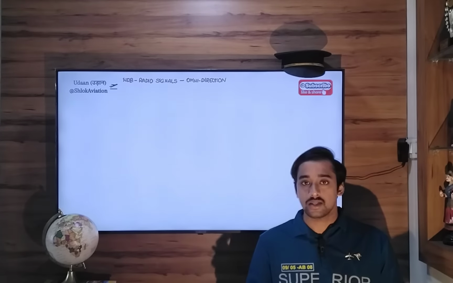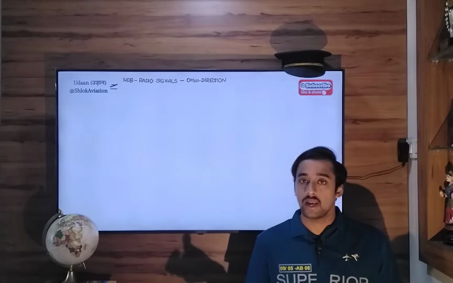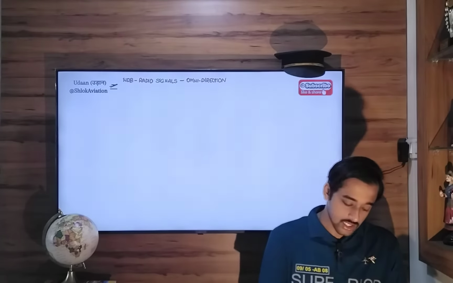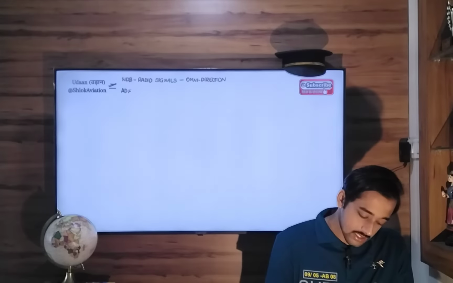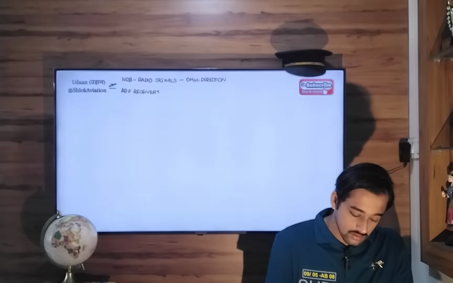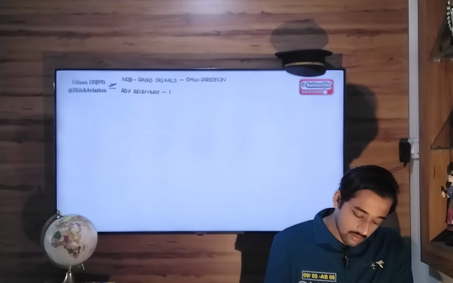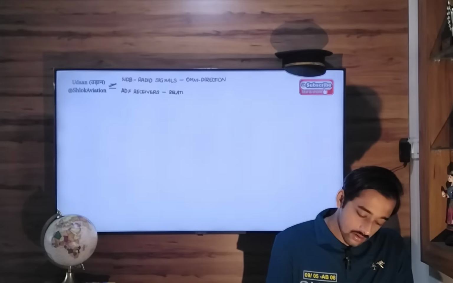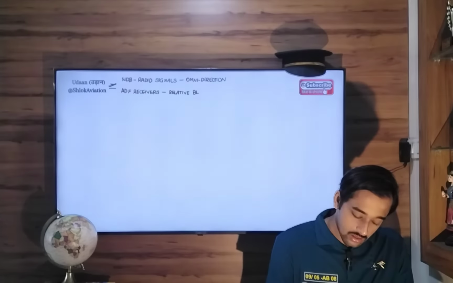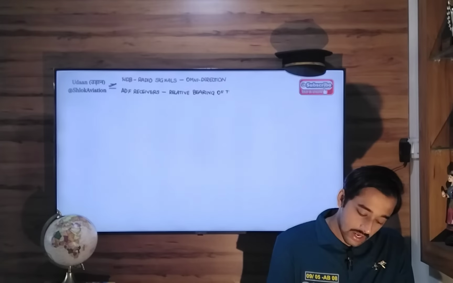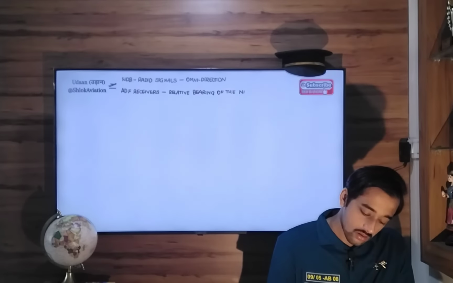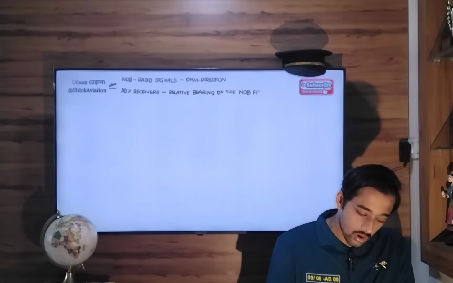And in so doing, it will be able to tell you the relative bearing of the NDB station. So the ADF receivers will determine the relative bearing of the NDB from the aircraft.